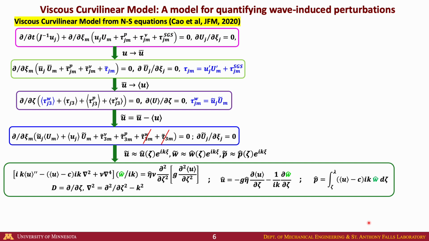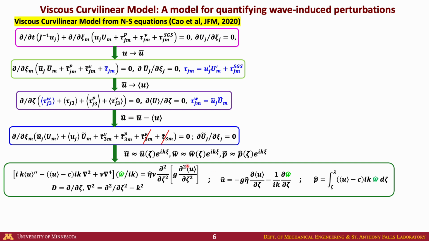The resulting equation is an ordinary differential equation for the Fourier coefficient of wave-induced vertical velocity, or W hat. Quite interestingly, the linear operator on the left-hand side is similar to the Orr-Sommerfeld operator. However, unlike the homogeneous Orr-Sommerfeld equation, this ODE is non-homogeneous due to the presence of a forcing term caused by the wave elevation.